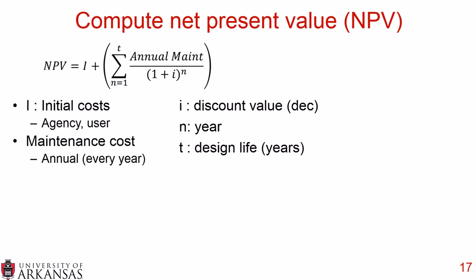So you can see this is the annual maintenance, and it's done every year in year 1, in year 2, in year 3. But in addition to the annual maintenance costs, we have scheduled maintenance, and this is in any year N, depending on the treatment that you're going to place. And again, you also use the discount value, which is in decimal, and the year that it's applied.